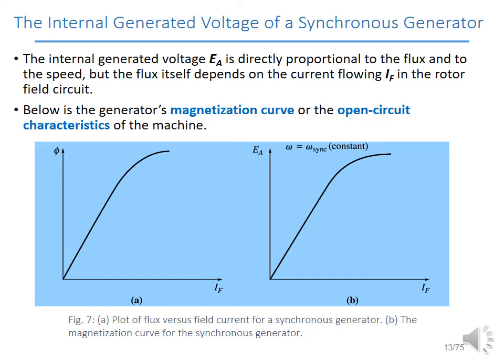You can see that here on the right hand side, on figure B, that's EA, and on the x-axis you've got the field current. On the left hand side, part A, you've got the flux against IF. So the flux is affected by IF, and it's quite linear within this linear region, and therefore EA is also affected by IF. It's also a function of IF.